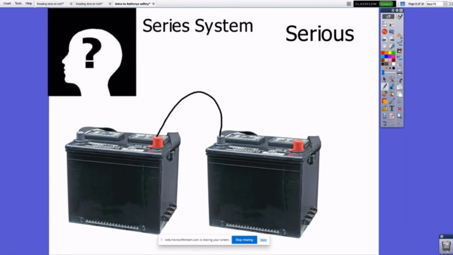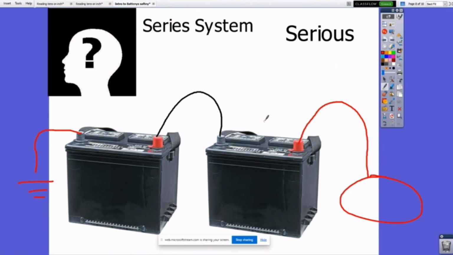Okay. When we do this, we're going to go ahead and hook this to the starter again, and this one is going to go, oops, some of the colors are off, down to ground. Okay. Serious system, serious power here.